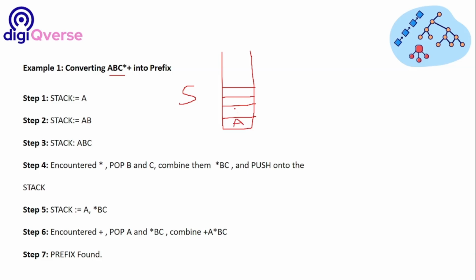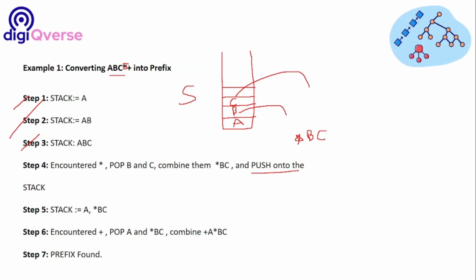Then the same for B, and the other operand C. All the operands are placed inside the stack. Finally we find the operator, which is star, so we pop C, pop B, and combine them as star B C.